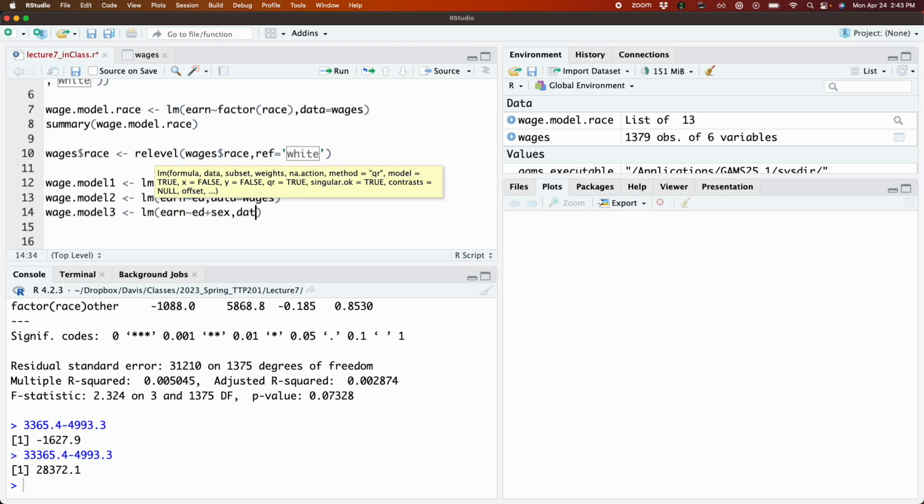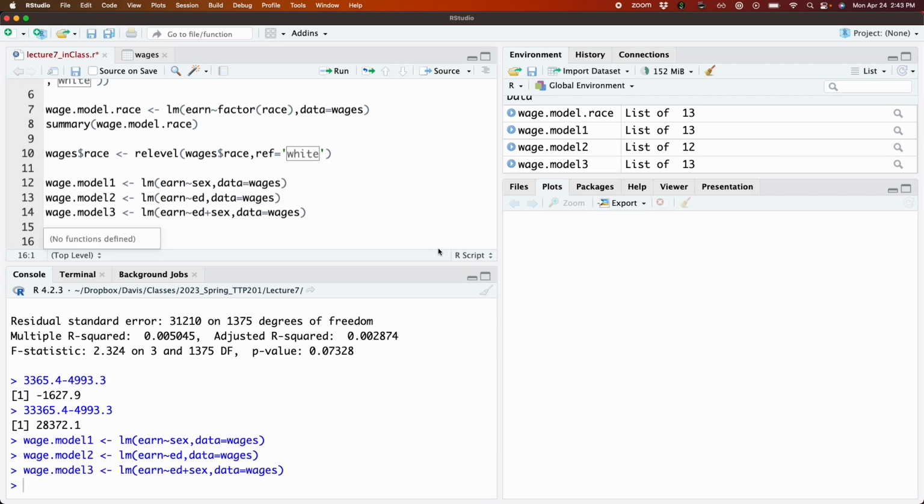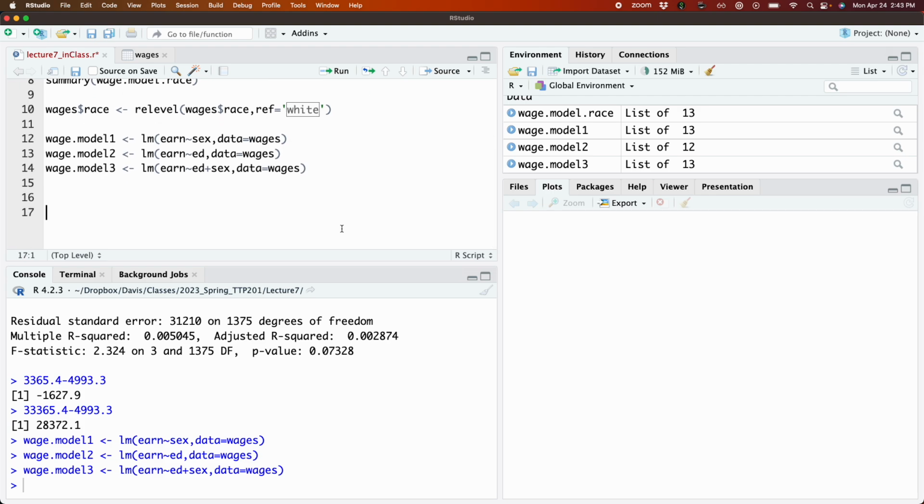And we'll look at both of them. And let's just interpret these one at a time.